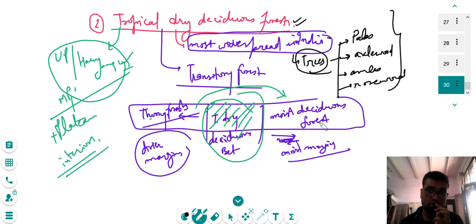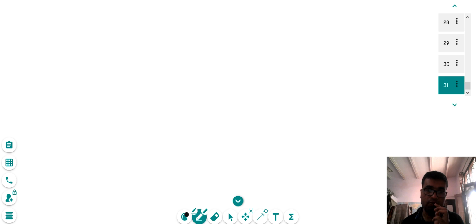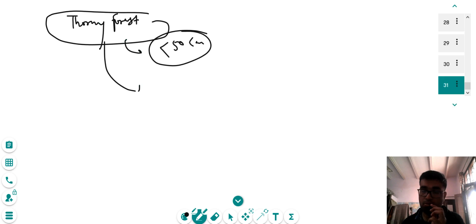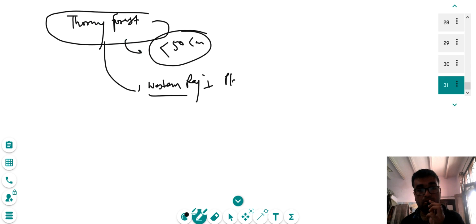So next one is the third category under the dry forest, that is the thorny forest. These forests are found in the very low rainfall region, less than 50 centimeter rainfall, mainly in western Rajasthan plus plateau interiors, where rainfall is less than 60 centimeter.